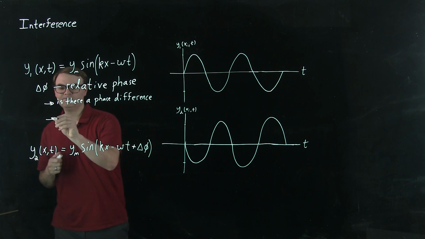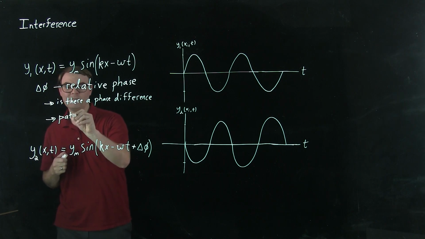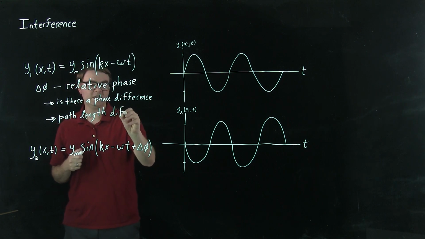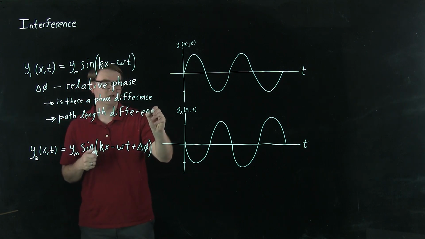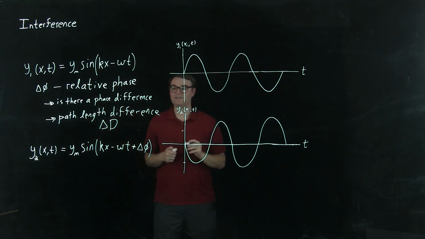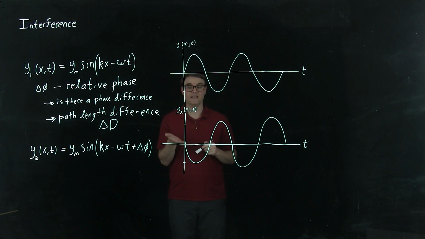That calculation gives you something called the path length difference, which we will usually use the symbol delta capital D to represent, to indicate that it is a distance.